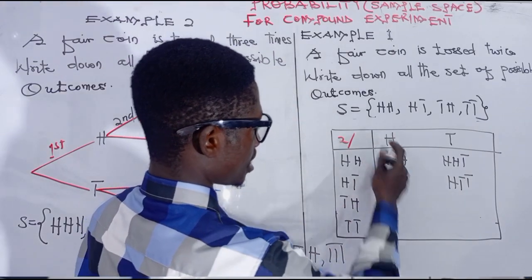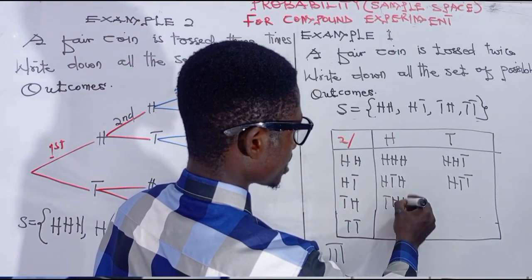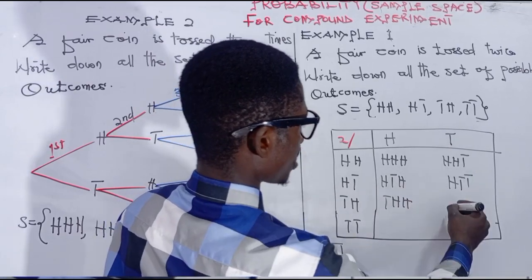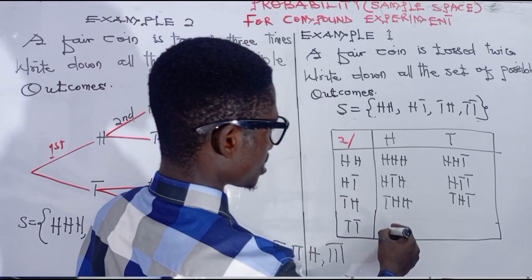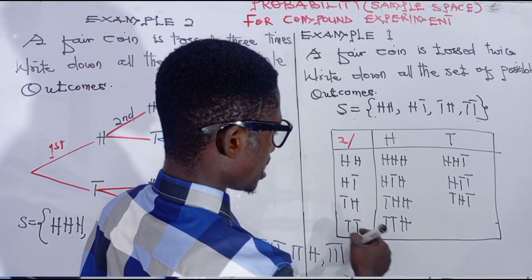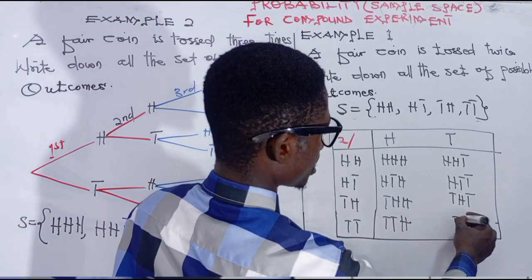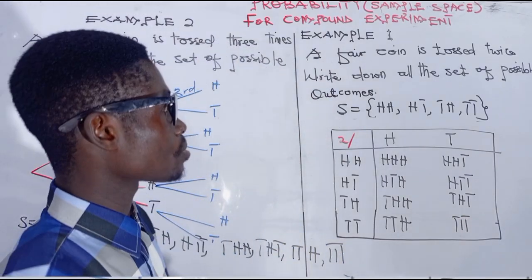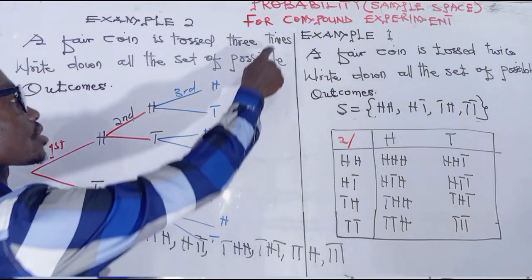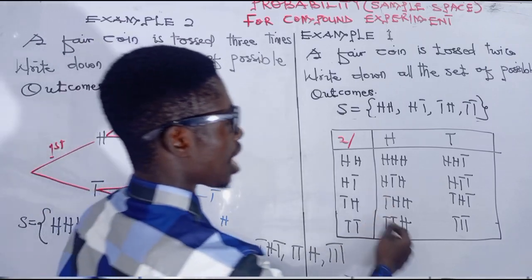Tail, head, and then head will give us tail, head, head. This and that will give us tail, head, tail. This and that will give us tail, tail, head. And then this and that will give us what? Tail, tail, tail.